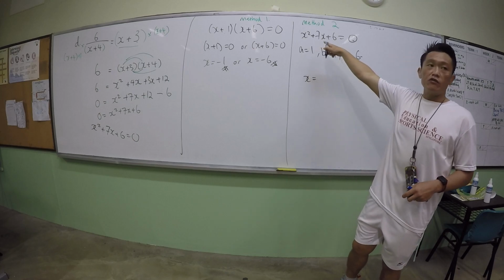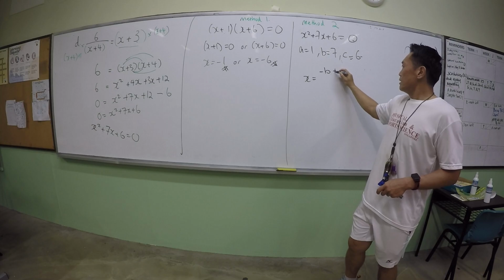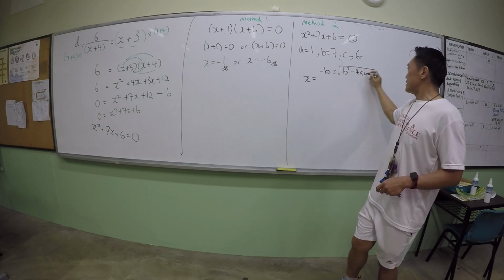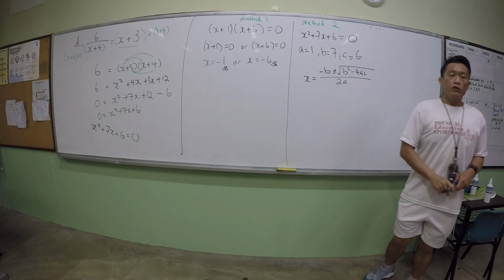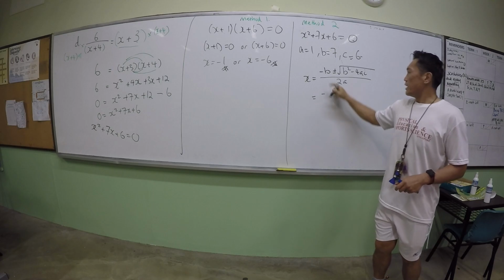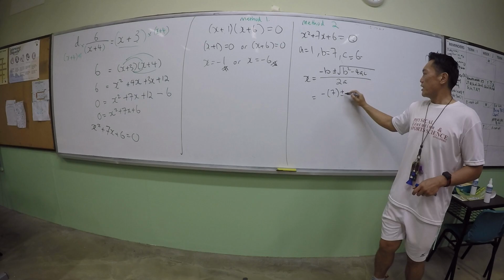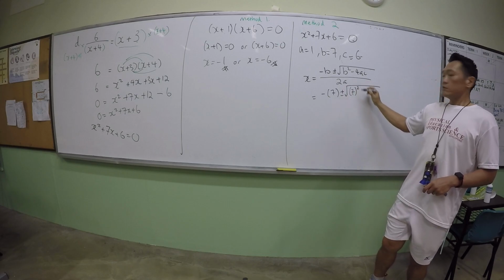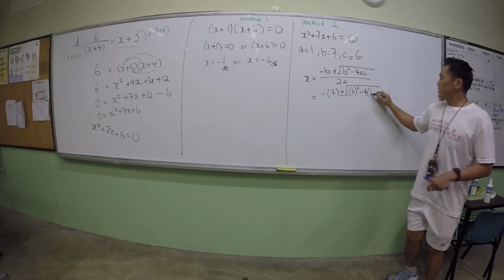X, the solution of the equation is equals to negative b plus minus square root of b squared minus 4ac over 2a. Do your substitution. Negative, don't change. B is 7, plus minus square root of 7 squared minus 4. A is 1.